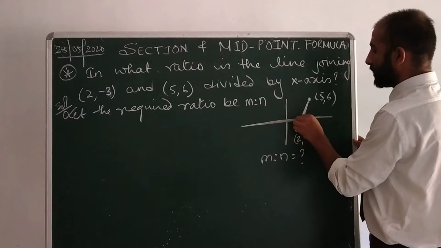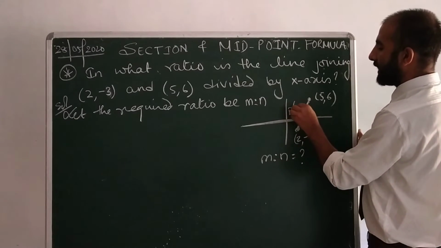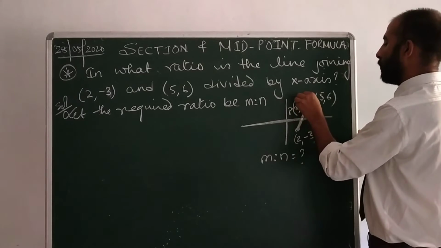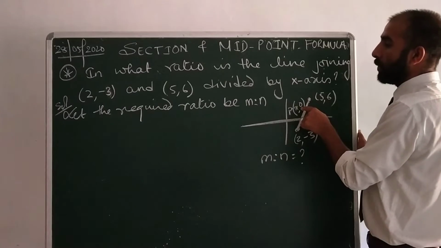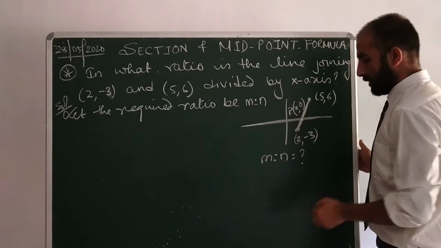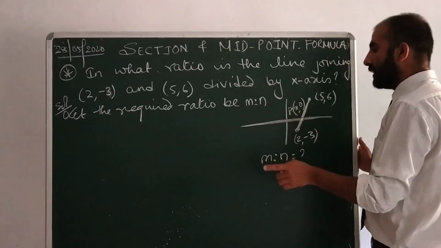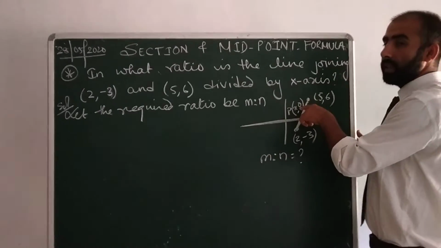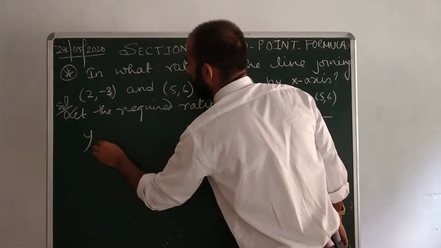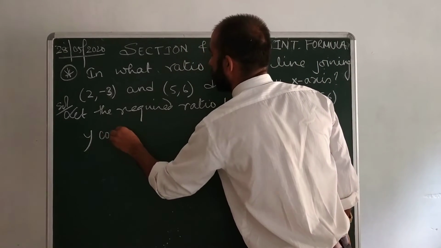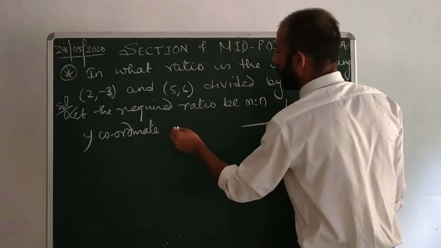Suppose this point is P, then you'll get some value of x and the y will always be 0. We are going to use this fact in this question. We will find the y coordinate by the formula and equate it with 0.